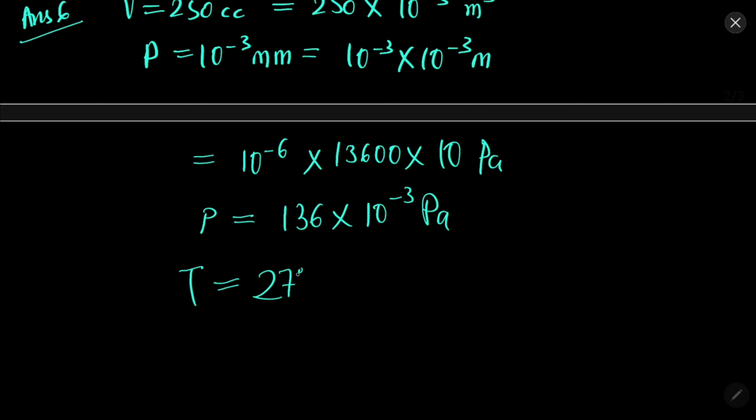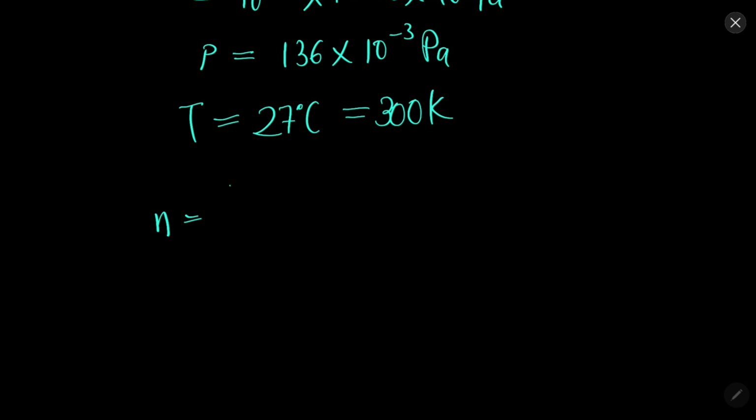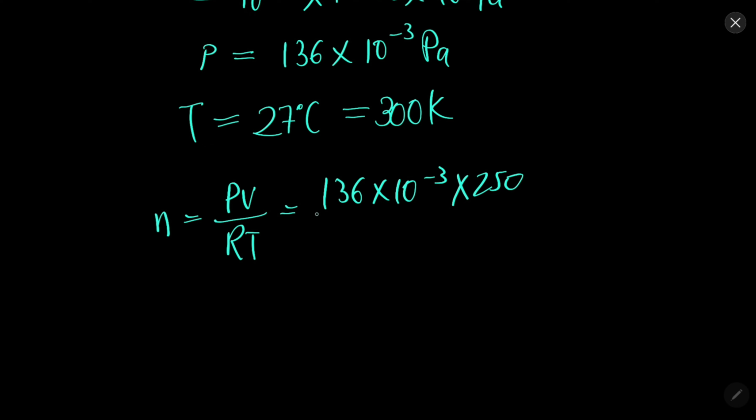Temperature is 27 degrees Celsius, that is 300 Kelvin. So n equal to PV over RT, 136 into 10 to the power minus 3 into 250 over 8.3 into 300 into 10 to the power minus 3.